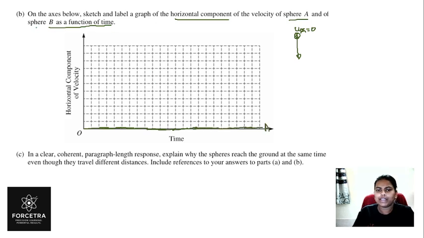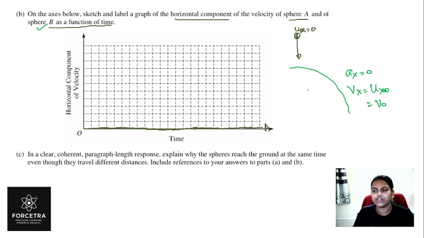And for B, what is the horizontal velocity? Is it changing with time? This is a projectile motion and there is no acceleration in the x direction. So what is the velocity in the x direction? It would be equal to the initial velocity in the x direction, v naught only.